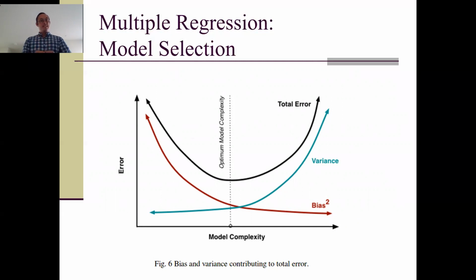However, what we want is the total error to be lowest, and that would be in the middle, where we're having intermediate model complexity, and therefore not a lot of error due to variance, and we don't have a lot of bias because we have a proper amount of complexity and not too low. We're not just hedging all our bets on one horse.